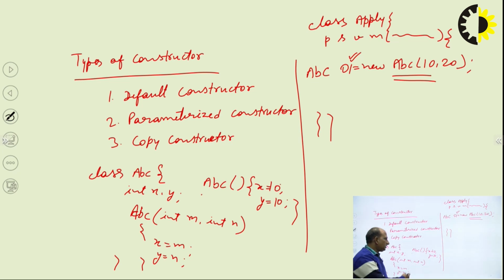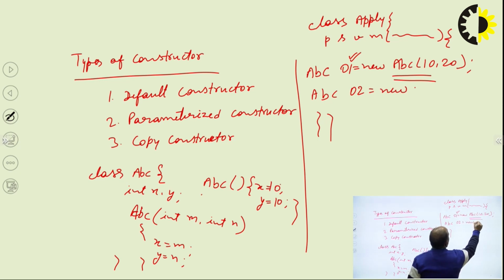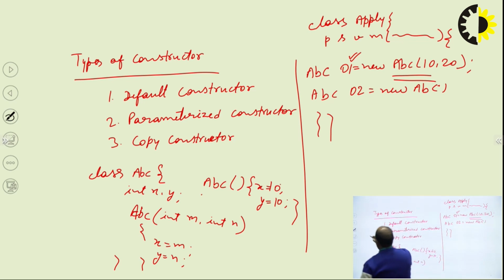Now since this class has both the default constructor and the parameterized constructor, we can use either constructor. We can create the object using the default constructor also, like this: new ABC.